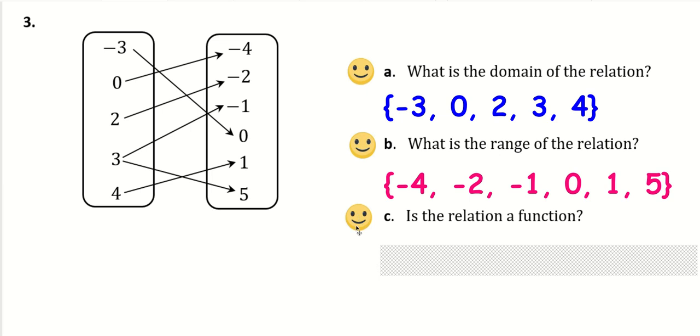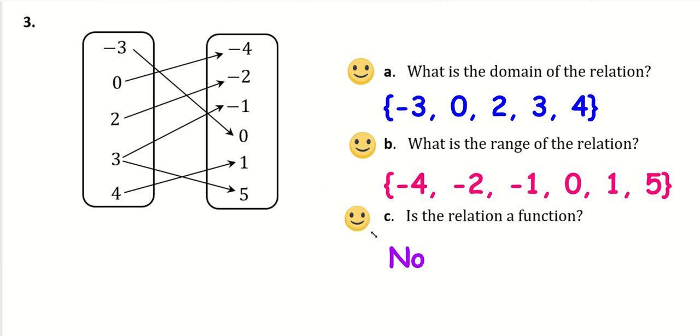It's maybe a little bit tougher than a list or a table, because you have to look at the arrows and understand that right here, this double arrow coming off of the 3 means there was a repeat 3, because this x value of 3 is mapping to both the -1 as a y value, but it's also going to 5. If this was in a table or a list, you would see 3 comma -1, but you would also see 3 comma 5. So I mean, maybe not as easy.